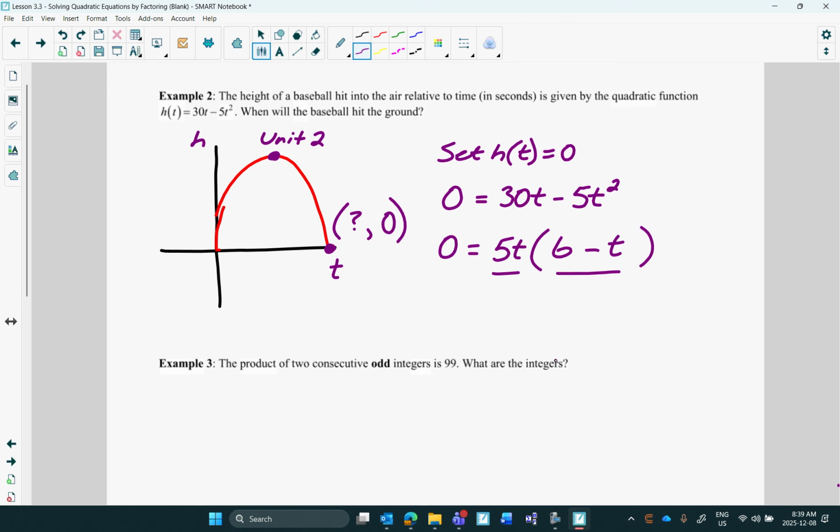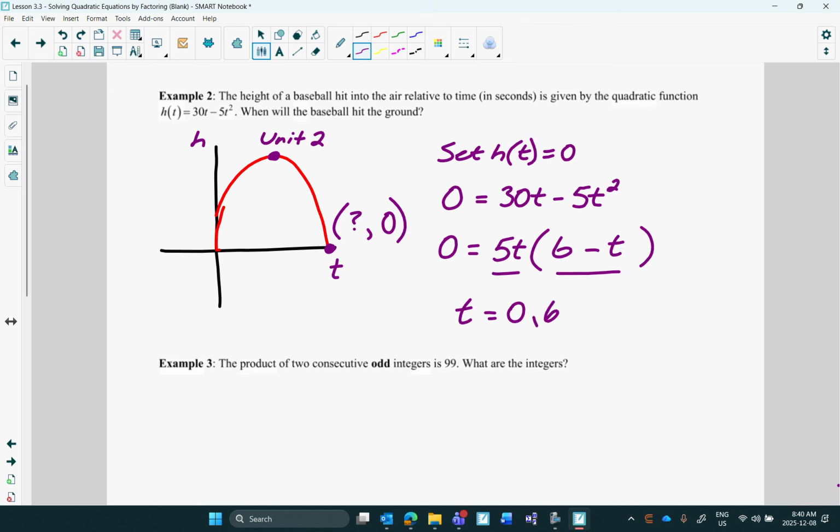If this equals 0, that's a solution. What value of t would make this become 0? It's not a hard question. Don't overthink. Not -5. 5 times -5 is not 0. Just 0. What value of t makes this 0? 6. 6 minus 6 is 0.